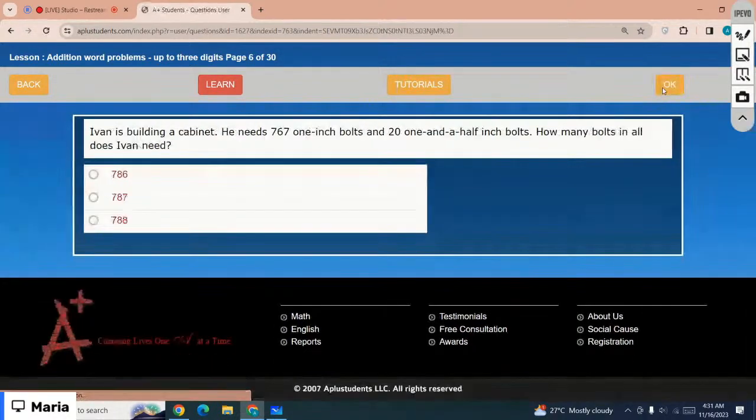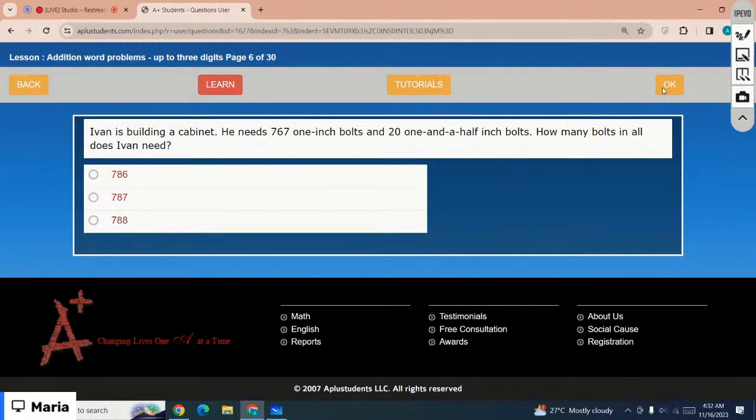Okay, the next one is Ivan is building a cabinet. He needs 767 one-inch bolts and 20 half-inch bolts. How many bolts in all does Ivan need? So which is the correct option?